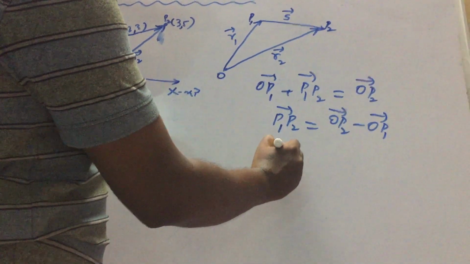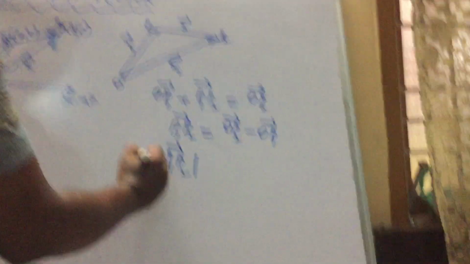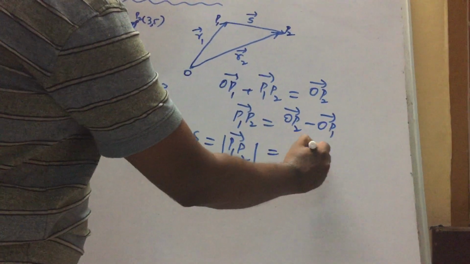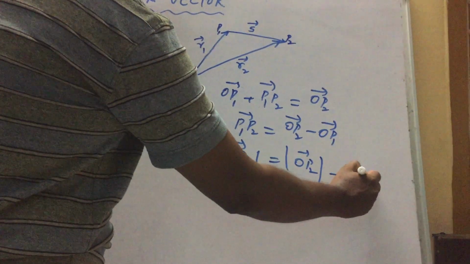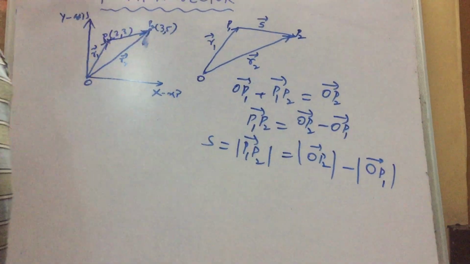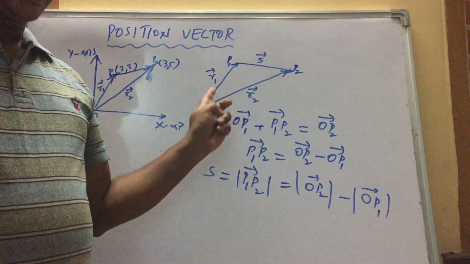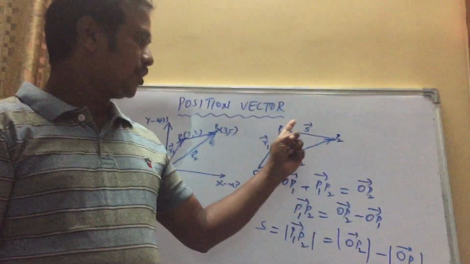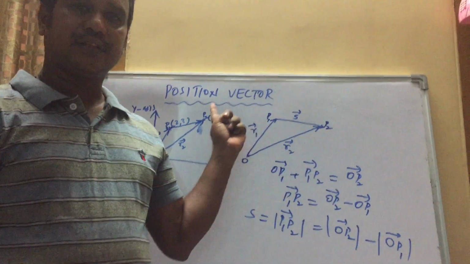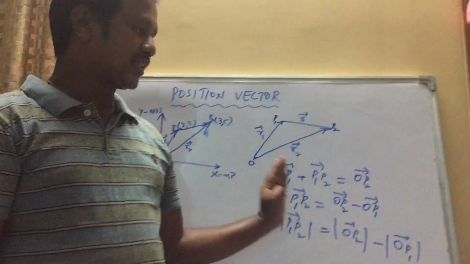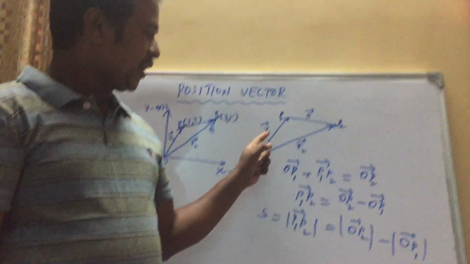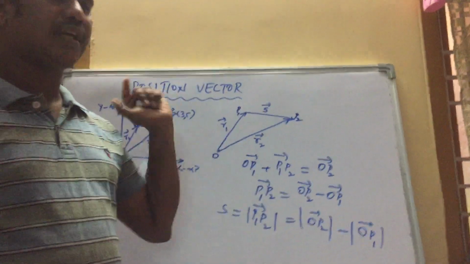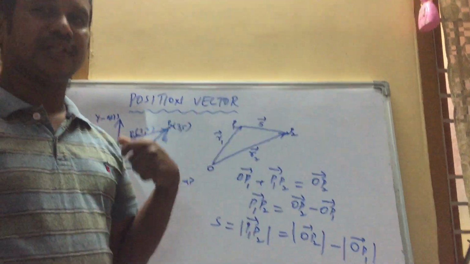So the magnitude of P1P2, which is important, is S, equal to the magnitude of OP2 minus the magnitude of OP1. Understand carefully: the triangle law helps us find the resultant vector, or the magnitude of any other vector. You can also find the initial position using this same concept.